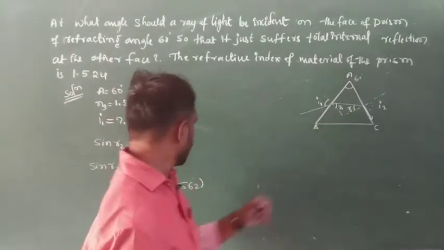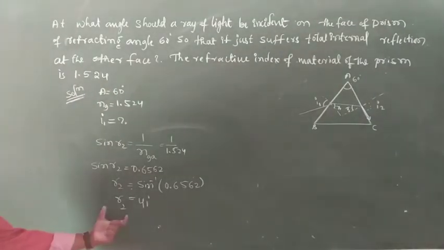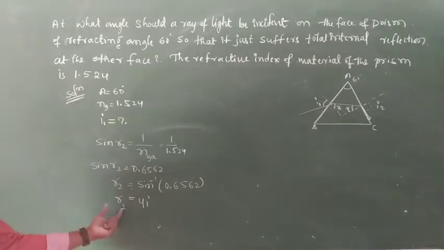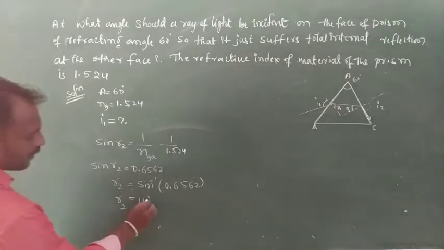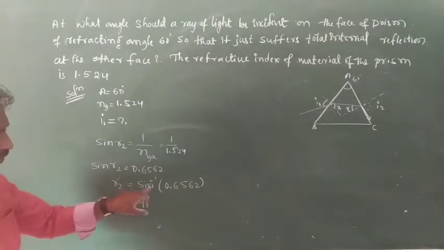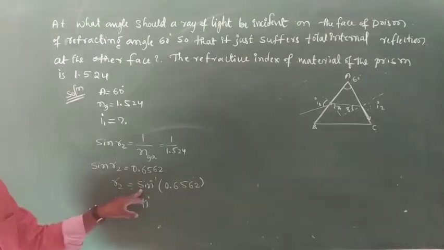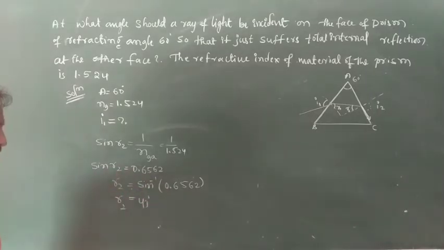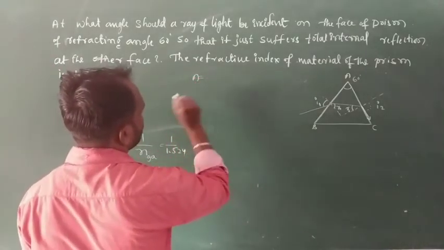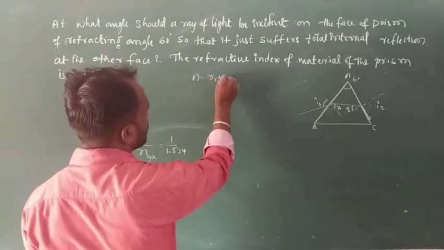R2 value is 41 degree. Okay, by using this R2 value we want to calculate the R1 value. You already know that the angle of prism is 60 degree and R2 value is 41 degree. By using the logarithm table we can easily calculate this sine inverse value. So R2 is equal to 41 degree. You already know that the angle of prism A is equal to R1 plus R2.